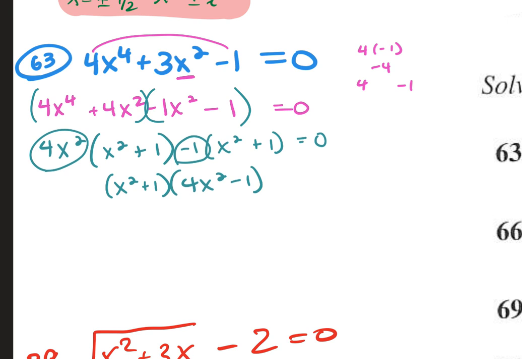I can factor that 4x squared further, or I can use the even root property. It doesn't matter, but I can't factor x squared plus 1 any further because there's no such thing as the sum of perfect squares. The difference, however, I square root the 4x squared and the 1; one gets a plus, one gets a minus. And now we split and solve.